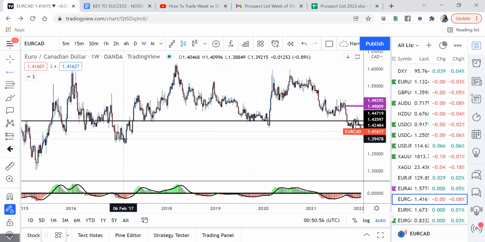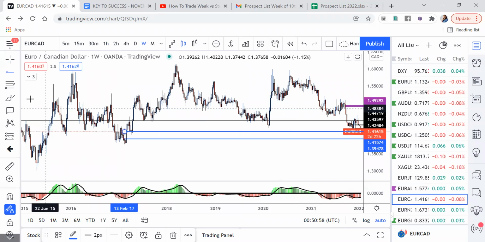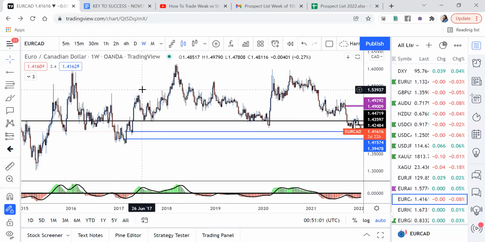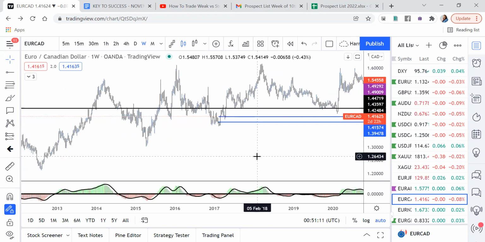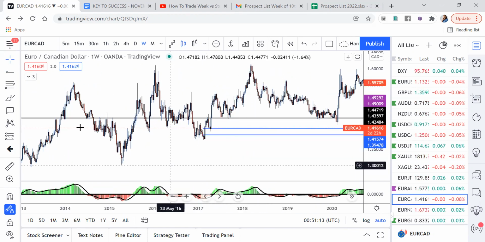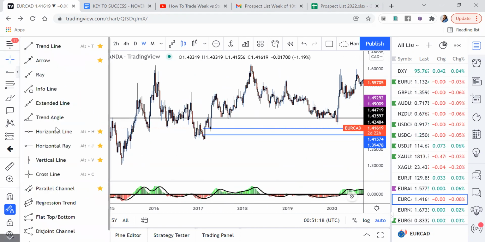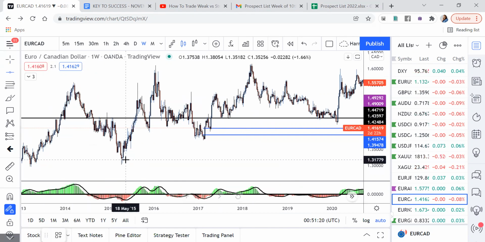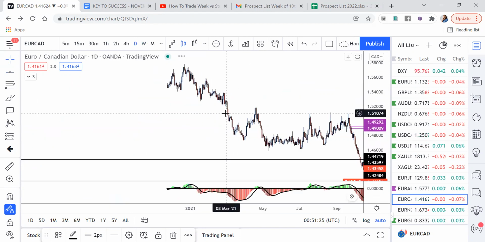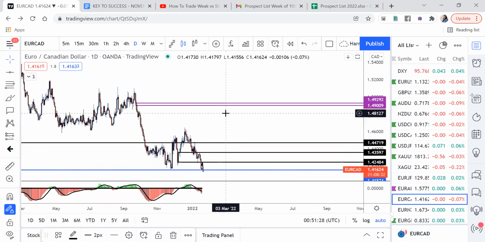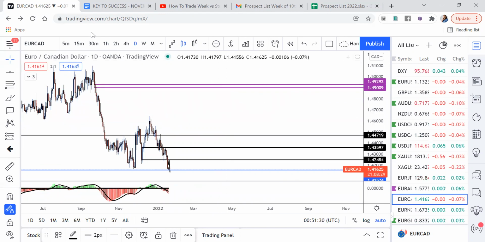So we got an imbalance candle here. As you guys can see where price is heading. Right, so let's wait and see if we can get a retest.